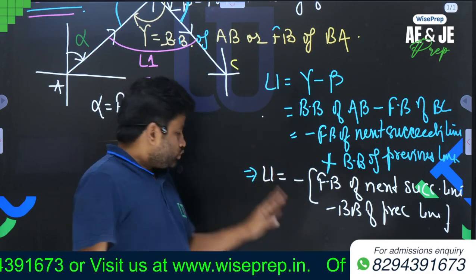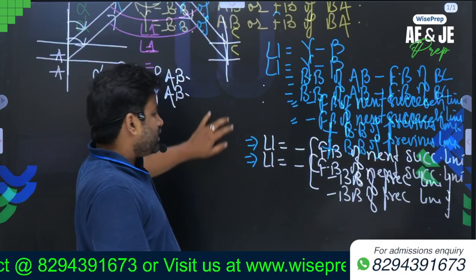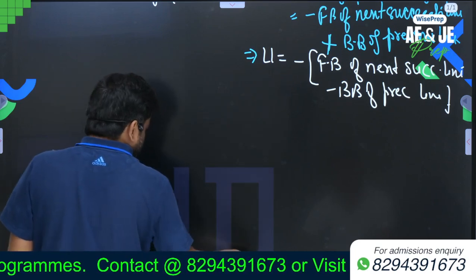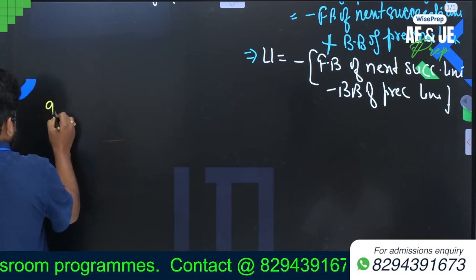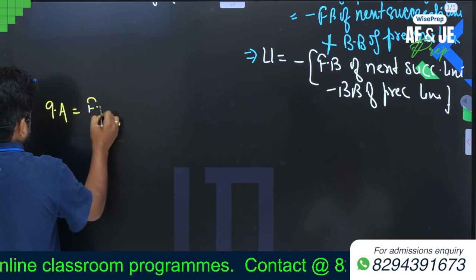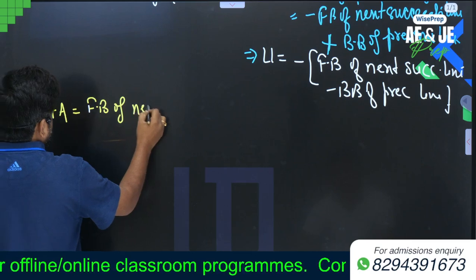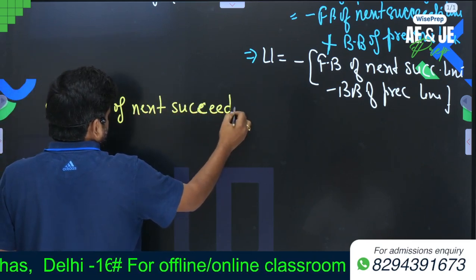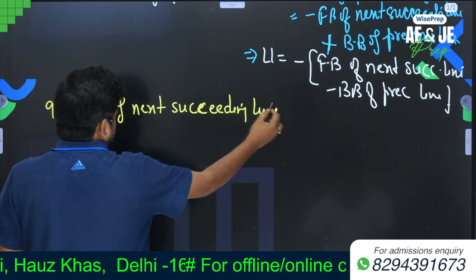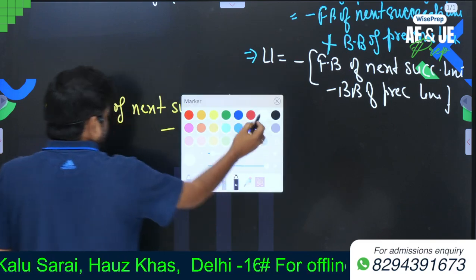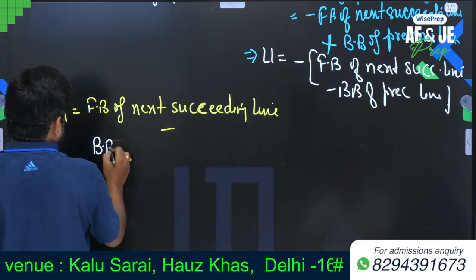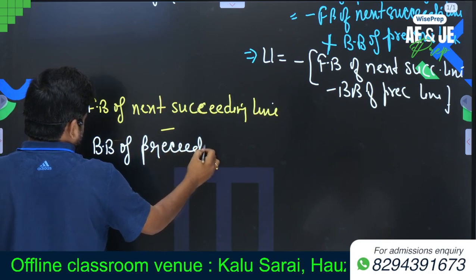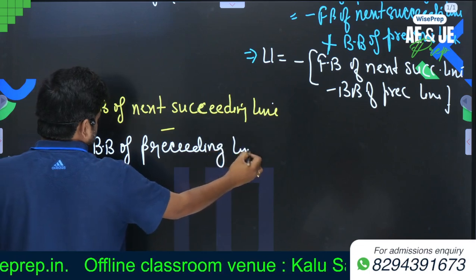If you don't want to draw the figure and want to do it conventionally, you can write included angle is equal to forward bearing of next succeeding line minus back bearing of preceding line. All right, got it?